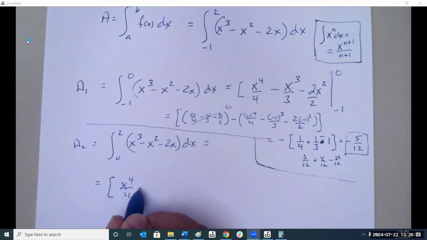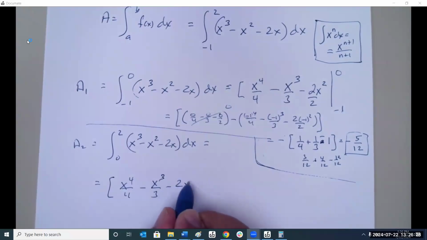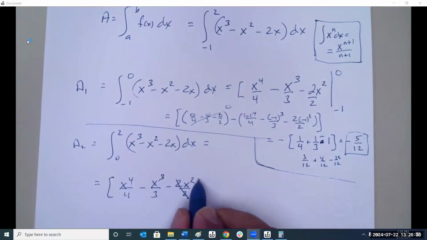X to the 4 over 4, x cubed over 3, 2x squared over 2, the 2's cancel.